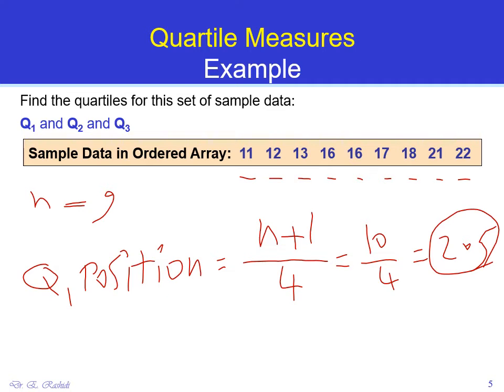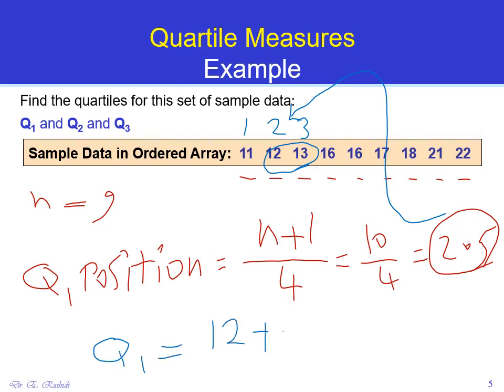According to the second rule that we had before, we have to find the average of the second number and the third number. First, second, third. 2.5 is between the second number and the third number, right? So we have to find the average of 12 and 13. So Q1, our first quartile, is equal to 12, the second number, plus 13, the third number, divided by 2.